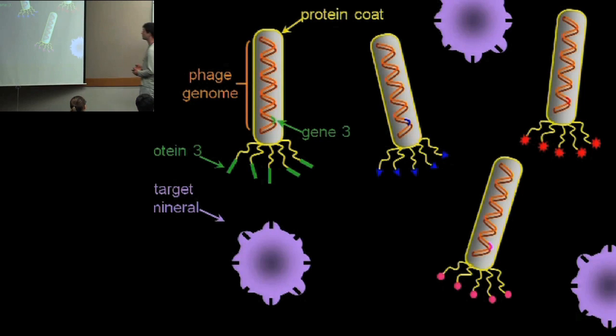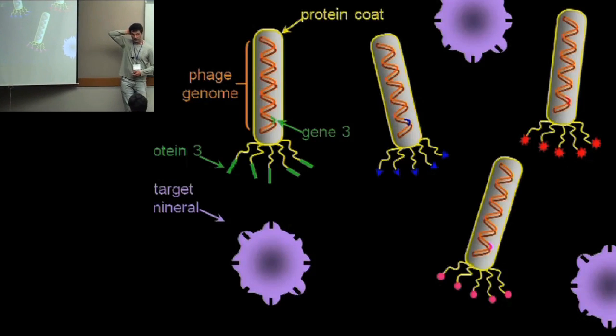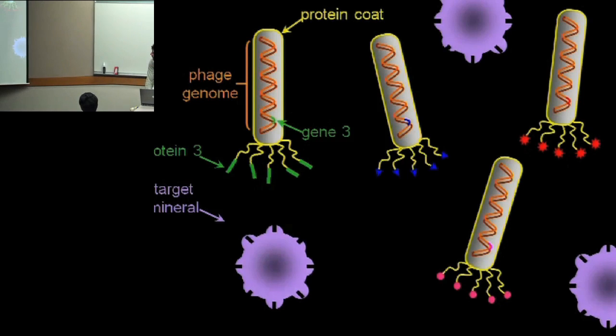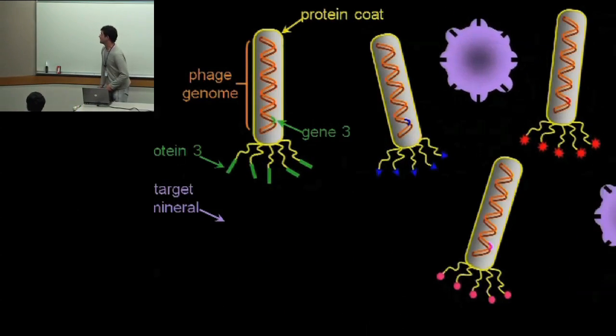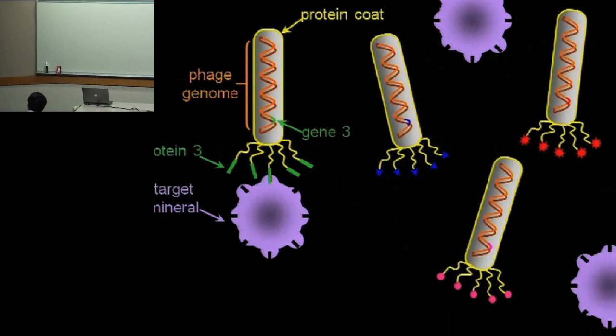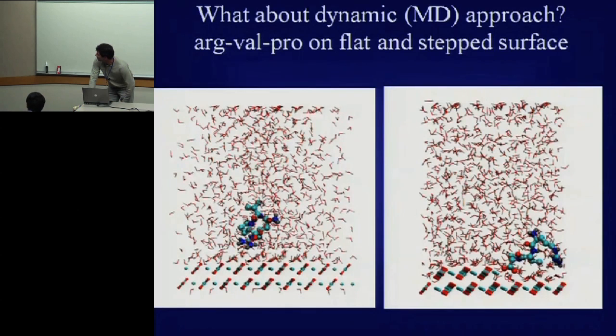And so we use the experimentalists that create these phage libraries that have millions of different peptide sequences. Essentially, they put it in a solution, then they wash out, do it again, and then they find a sequence that way that works well. And essentially, we can then calculate how they adsorb to calcite or phosphate surfaces.